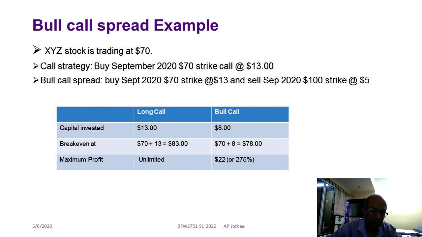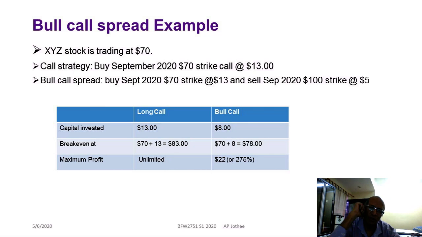XYZ stock is trading at $70. Bull call spread: buy a September 2020 $70 strike call at $13, and sell a September 2020 $100 strike call for $5.